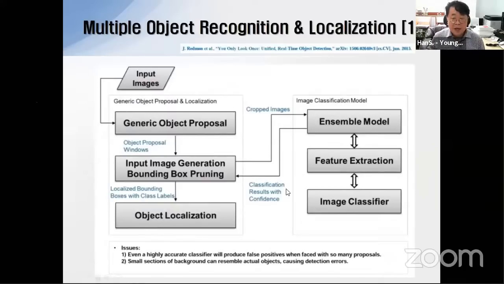To identify its bounding box, you need to use some machine learning algorithm. So you just use some ensemble models, feature extraction and image classifier. Generally, in convolutional neural networks, we replace this part with the CNN.